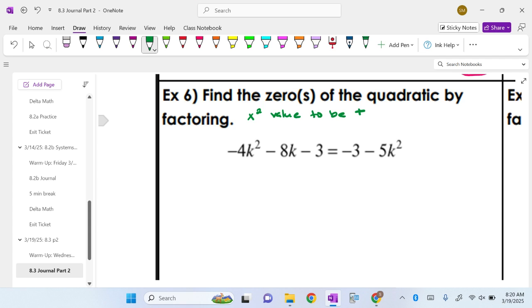It just makes your factoring a lot easier if that x squared value or k squared or whatever is positive. So what do you think? Which side do you think I should start moving from, the left or the right, to make the k squared positive?